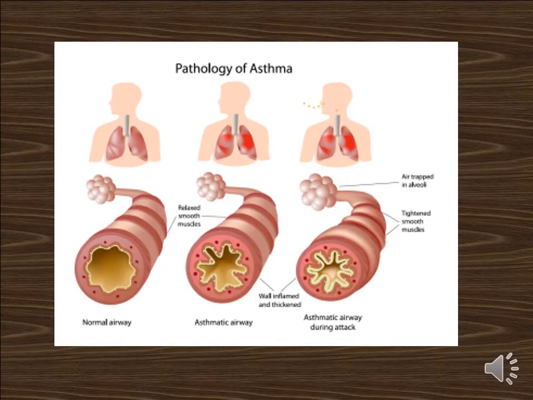The pathology of asthma. We have the normal airway, and then constriction of smooth muscle with increased secretion of mucin that reduces the size of the trachea, bronchi, or bronchioles, giving the asthmatic airway during an attack.